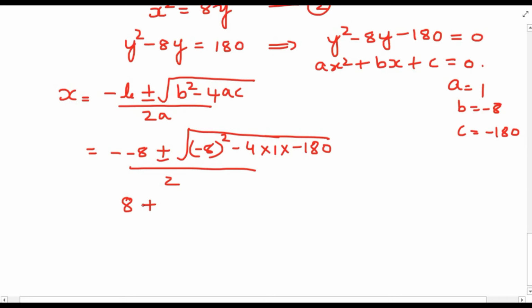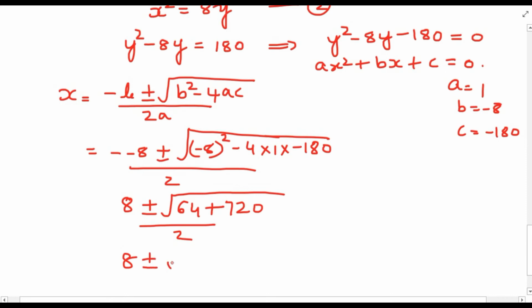So 8 plus or minus square root of 64 plus 720. When you multiply 180 into 4, you will get 720, divided by 2. So 8 plus or minus square root of 64 plus 720 is 784, divided by 2, and square root of 784 is 28.